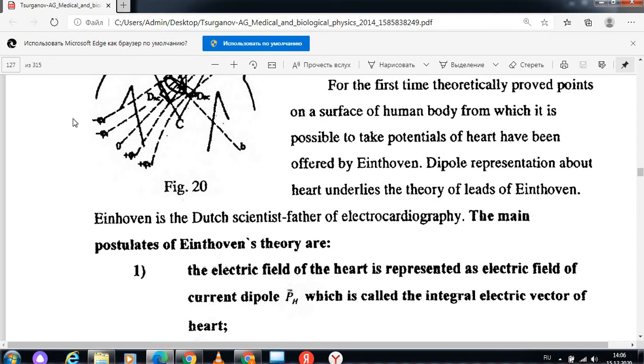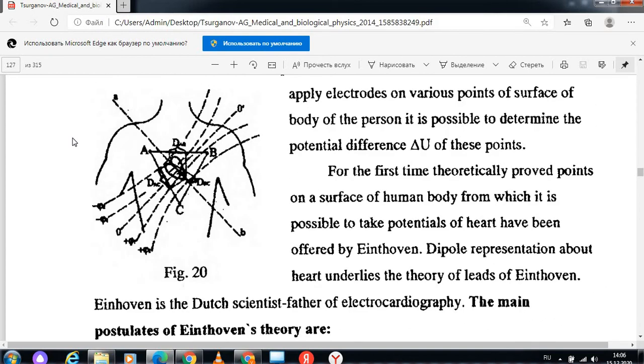They are: the first one, the electric field of the heart is represented as the electric field of a current dipole, a vector p, which is called the integral electric vector of the heart.